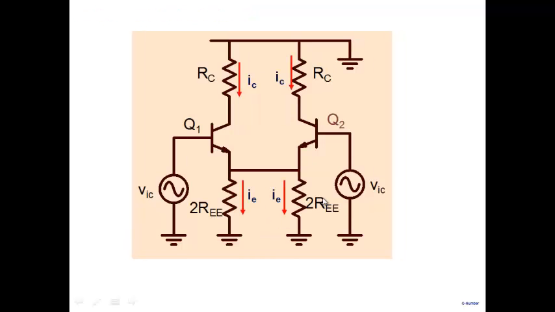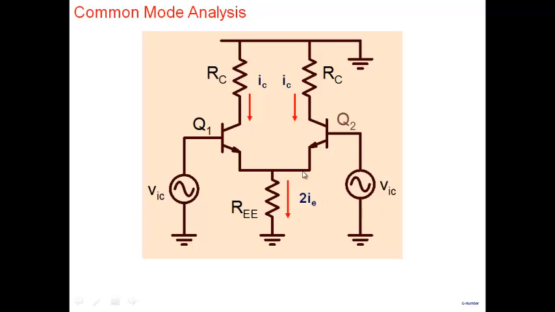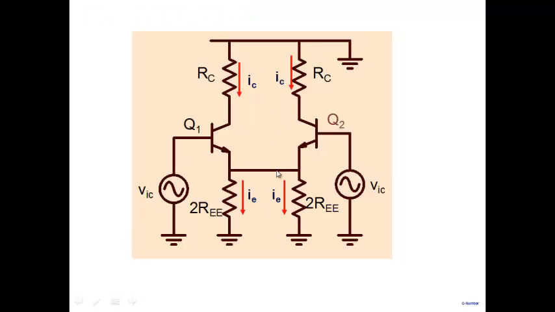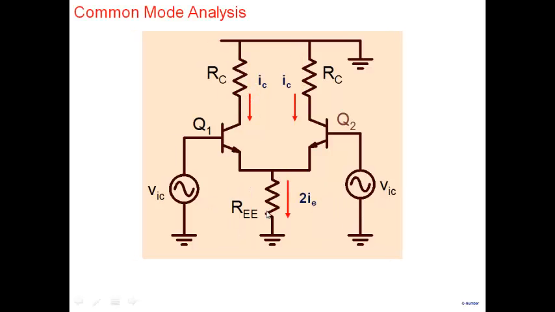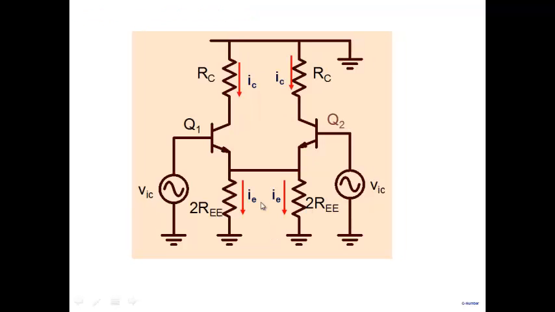Note the 2 points here. This one here, can I write it like this? The other resistor that you see here, REE, I'm splitting into two resistors, 2RE in parallel with 2RE. Because of symmetry, IE should flow here and IE should flow here. Earlier, these two were one single resistor and the net current was 2IE.